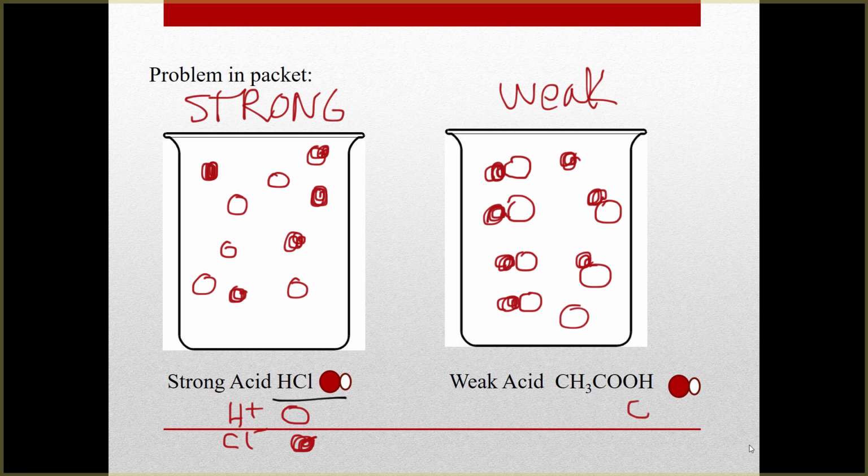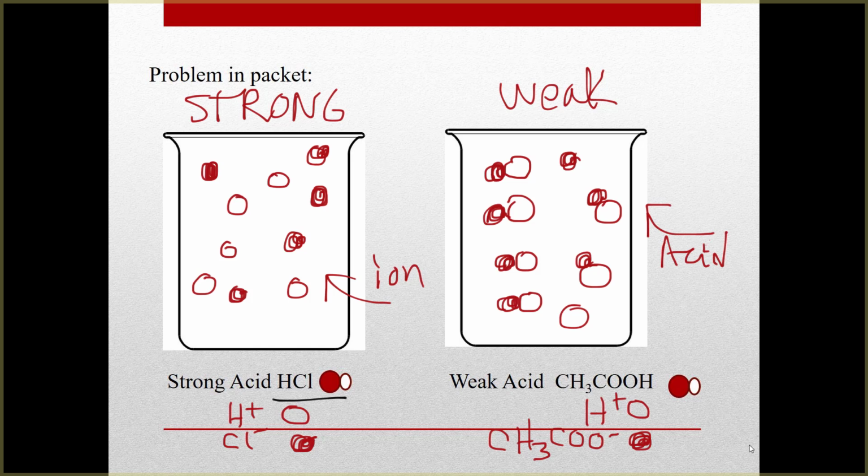So I'll again have my hydrogen ion here, and then that colored one, that will be kind of the leftover when the hydrogen ion leaves. All right. So you can tell looking at a picture description, if you have just ions, well, you know it's strong. If you see that it's mostly just the acid that stayed together and it falls apart maybe a little bit, then you know you have a weak acid.